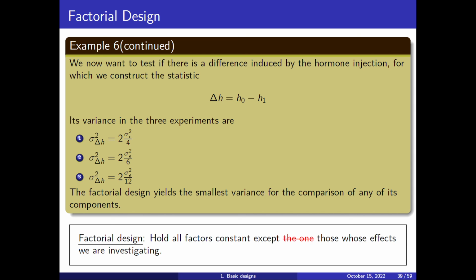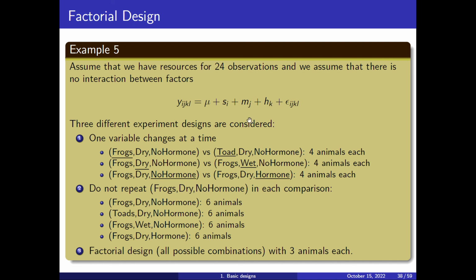So if you are interested in the species, moisture and hormone, you should keep all the other experimental conditions the same, but these three you have to combine as much as you can.